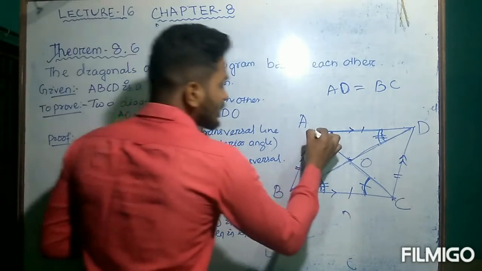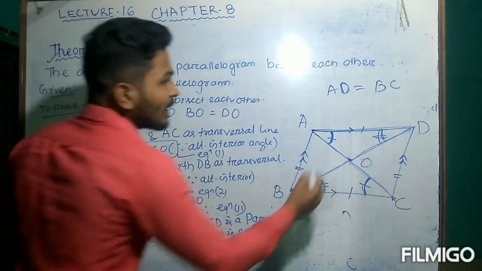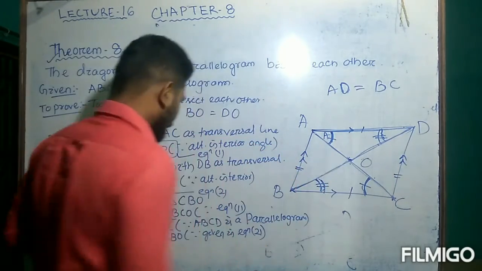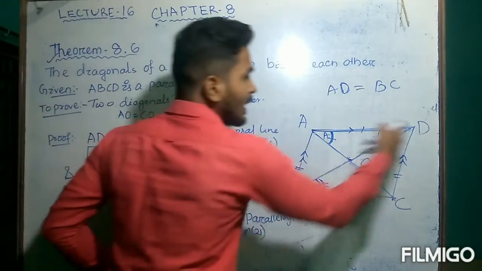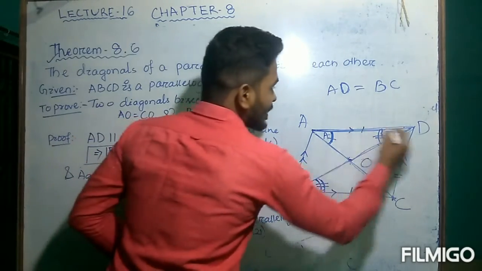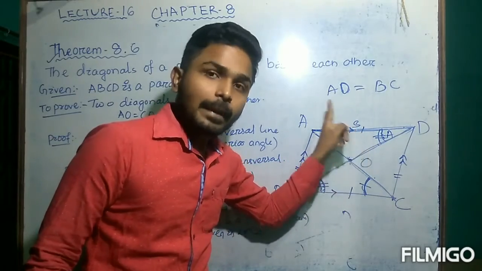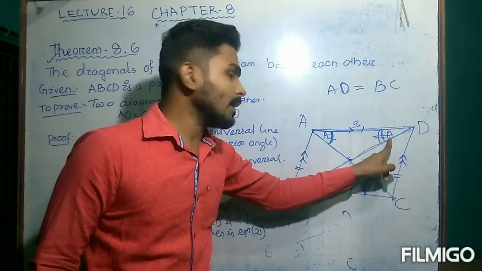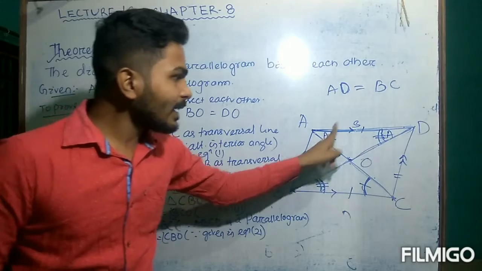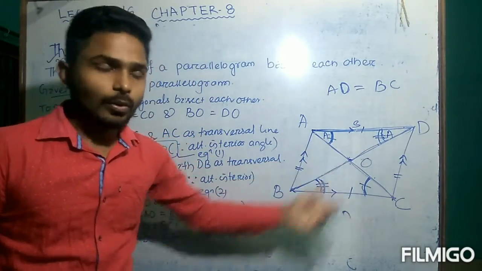So let us consider the triangle ADO. In triangle ADO we have taken angle DAO, that means this angle, then angle ADO, that means this angle, then side AD, that means this side. Now this side AD is the included side of the two angles. Understood? So by angle side angle congruency, this triangle and this triangle are congruent.